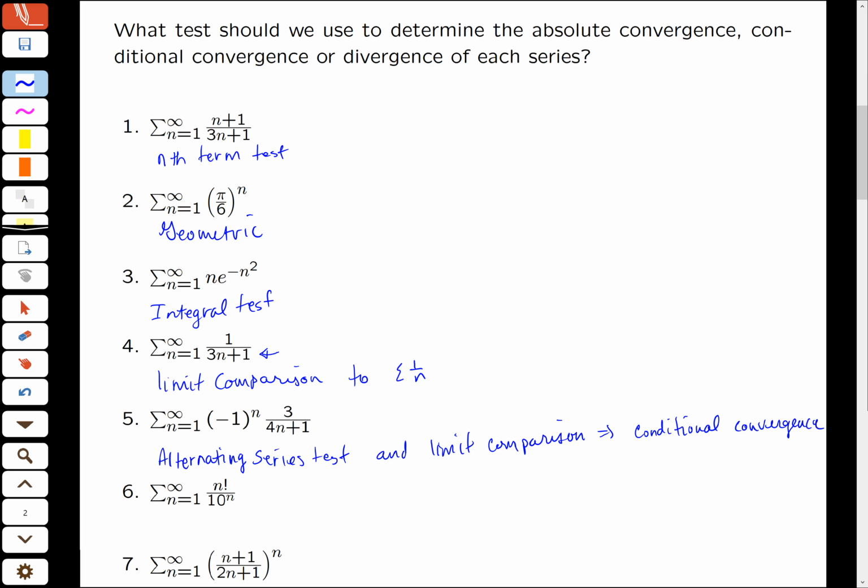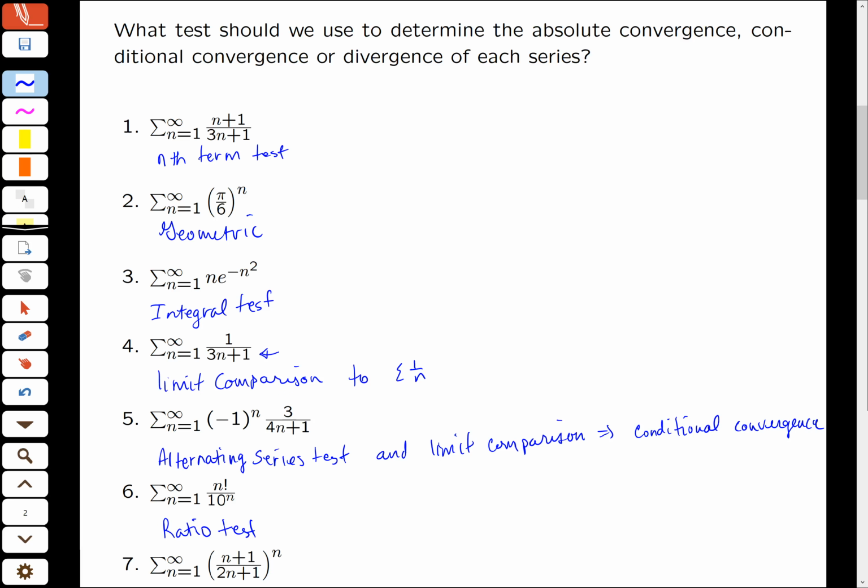Tell me about number 6. Remember something about ratio tests. I told you ratio tests are very good when you have factorials. This one has a factorial. What should your gut reaction be? Ratio test. If you have that factorial, the only way to solve it is a ratio test.